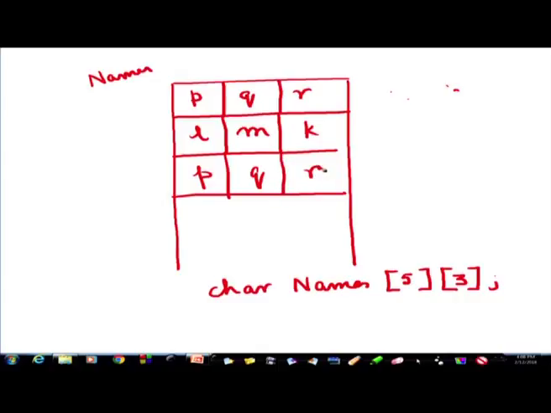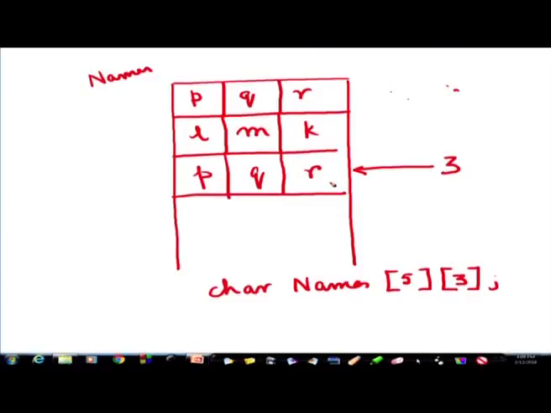Now, suppose the maximum index was this row, that is 3. How do I print this PQR name here? If it is kept as a string, I could have stayed with the %s format, but here how do I do this?